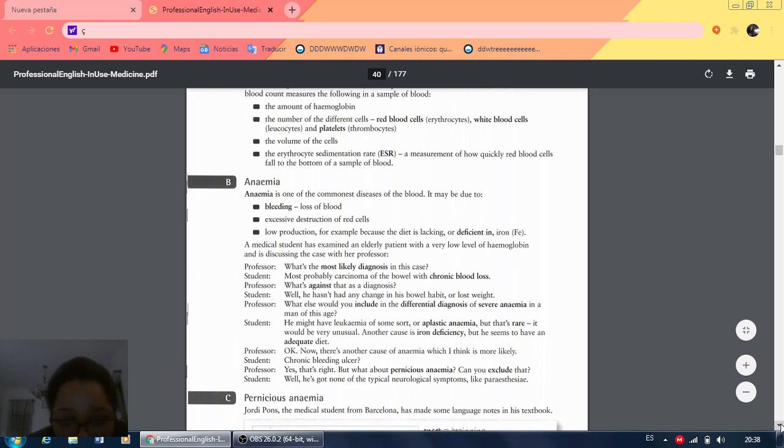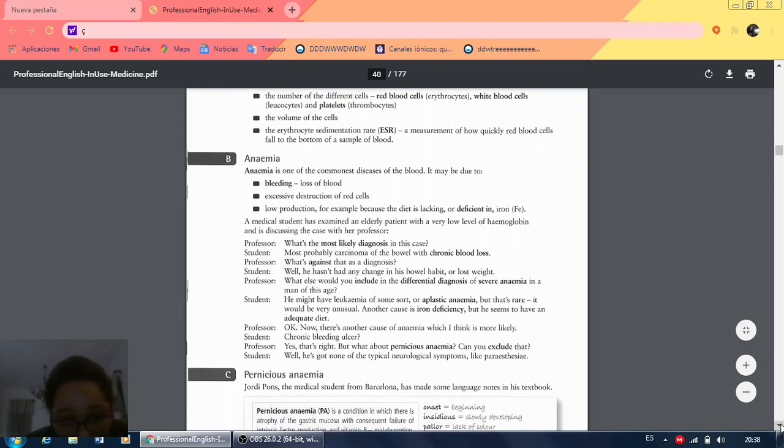Professor, what is the diagnosis? Student: The patient has an unchanged habit of weight. Professor, what is the differential diagnosis of anemias in this case? Student: There are some sorts of anemias, which will vary and so cause iron deficiency.